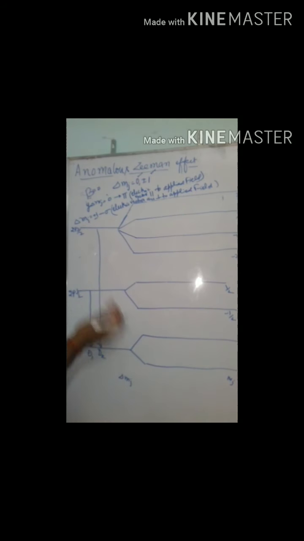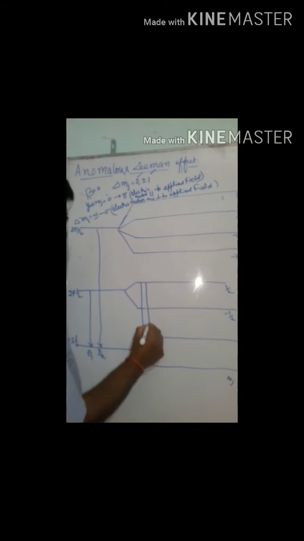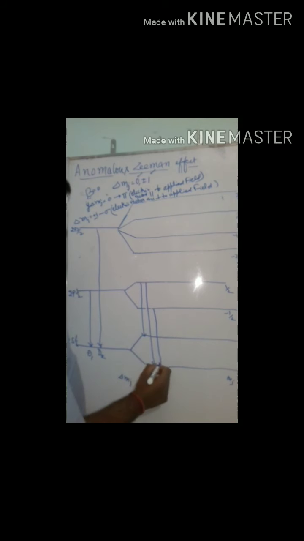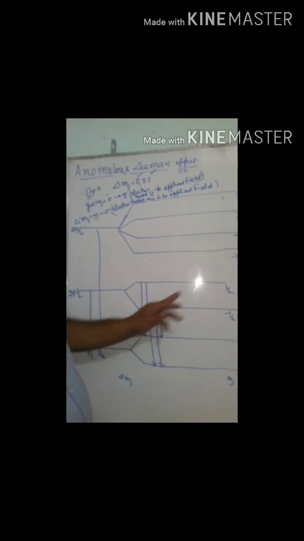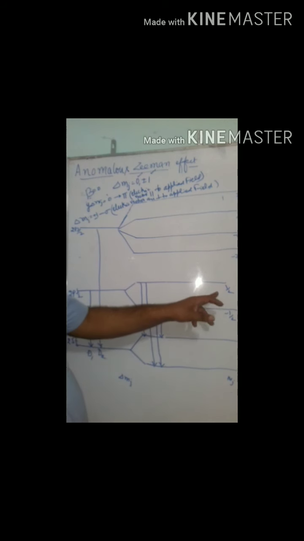Now let us see what happens. From 1 by 2 to 1 by 2, one transition is this. The other is 1 by 2 to minus 1 by 2. The third one is from minus 1 by 2 to minus 1 by 2, and minus 1 by 2 to 1 by 2. What are the changes in these values? Delta mj, now see, from here to here, the final state is 1 by 2, initial state is 1 by 2.